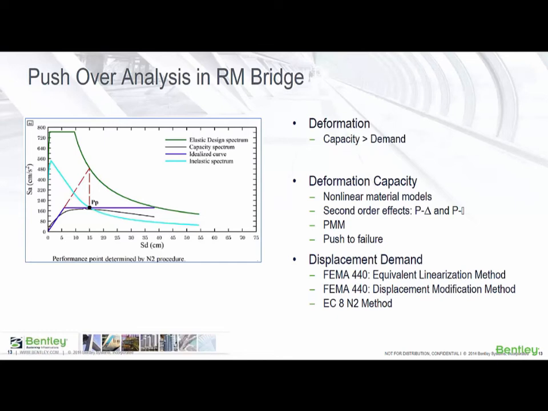The actual capacity curve in black is converted to an idealized capacity curve in purple. The elastic response spectrum in green is reduced to inelastic spectrum in turquoise. The performance point is denoted by PP.